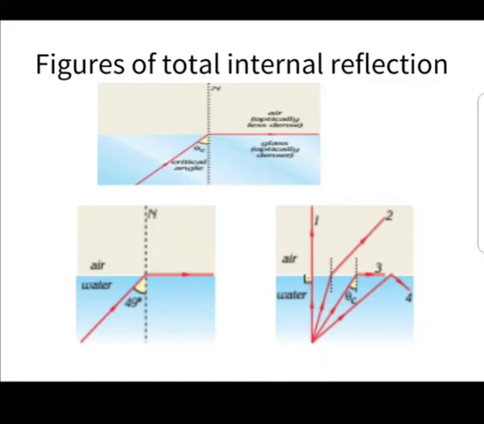If we have angles greater than the critical angle, if we have rays that are coming in this form, what happens? The light cannot pass into the second medium but is bent back in the same medium, and in this case occurs the total internal reflection.